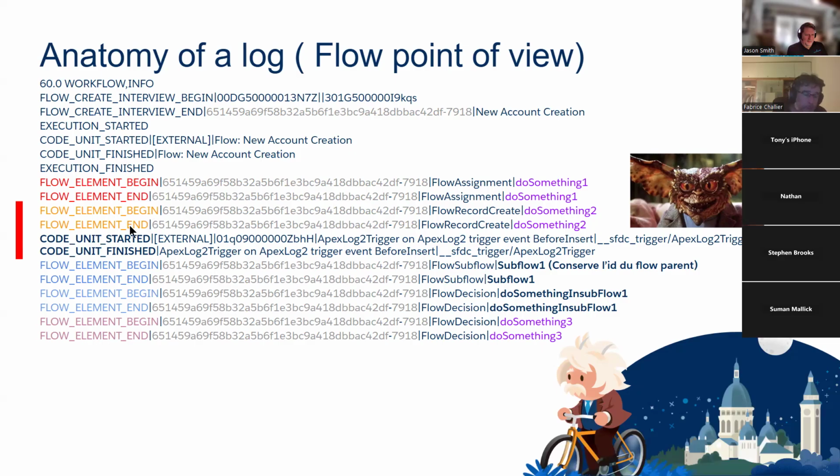But I don't know what happened inside the element. In my case, for example, my Apex log trigger here should normally be part of the elements here. It's because I have created a record here that this trigger has been executed. But due to the nature of the flow, you cannot know this when reading a log, which is a nightmare.